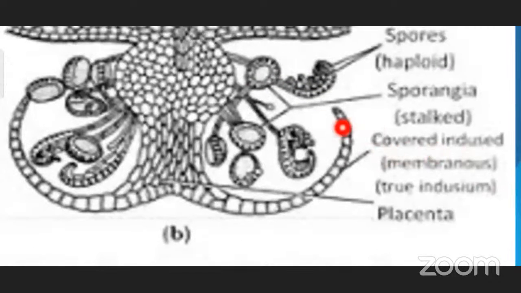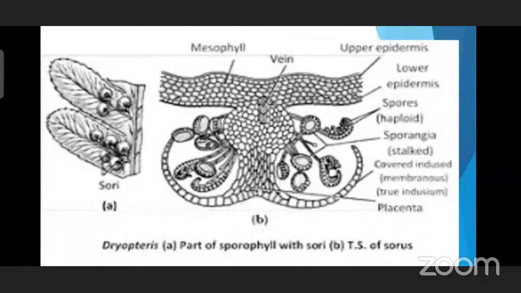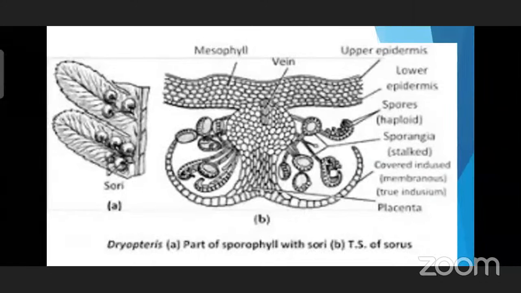So this umbrella shaped membrane is the indusium, protecting the sorus, and it is a true indusium. If you find any fern plant in your surroundings, you can check it out. If you have a microscope also, you can observe the structures clearly.